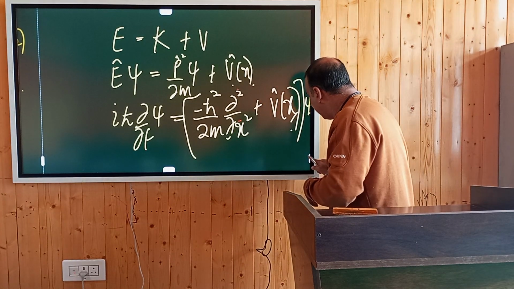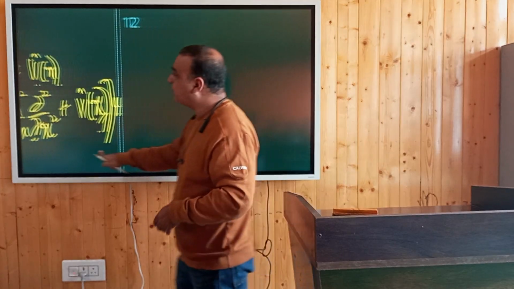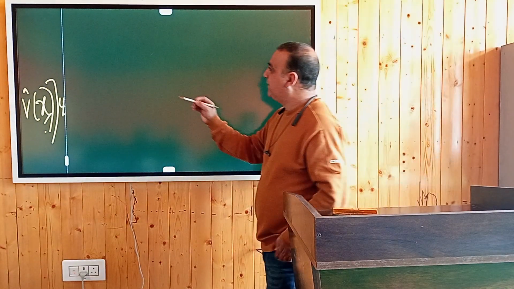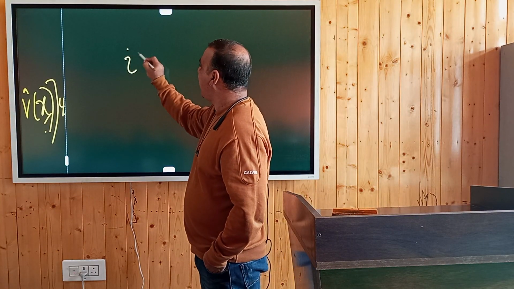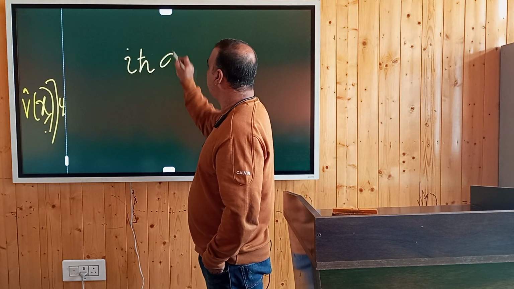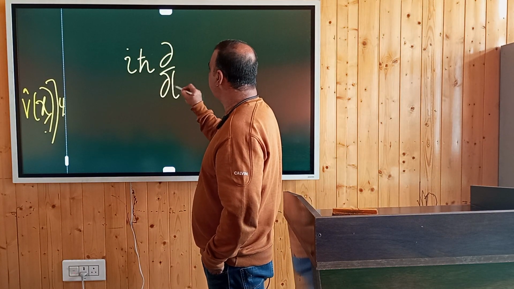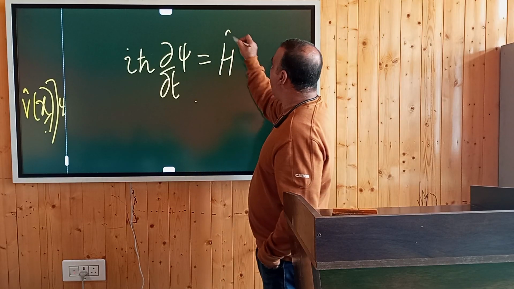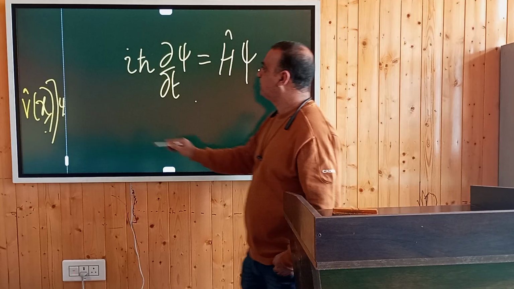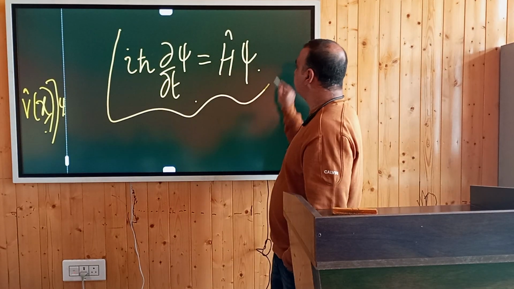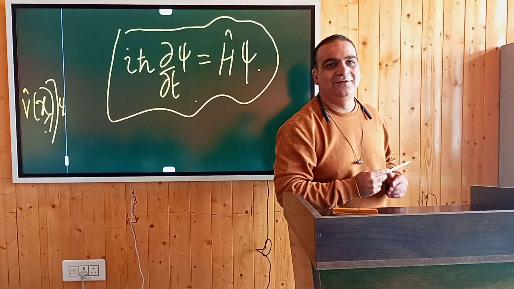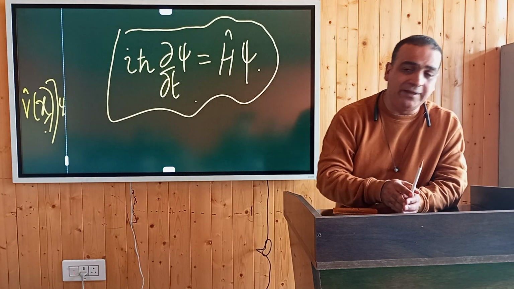So I can write down this beautiful equation that was developed by Erwin Schrodinger. I can write this as i h bar dou by dou t of psi is equal to H psi. This is that beautiful equation that was developed by Erwin Schrodinger.